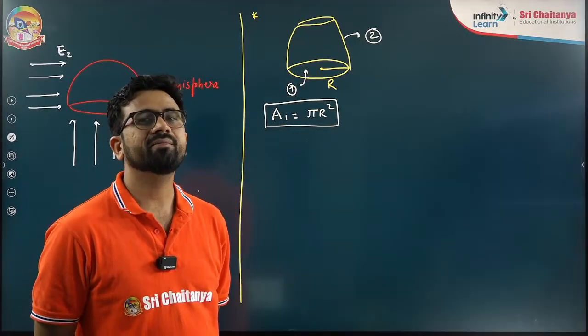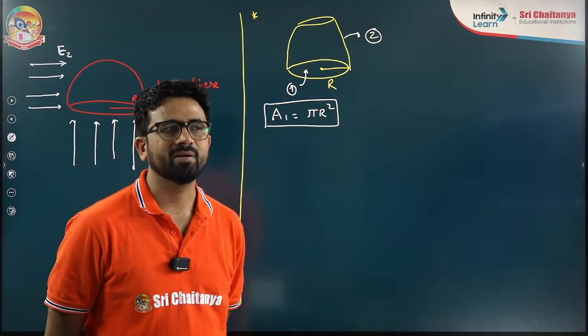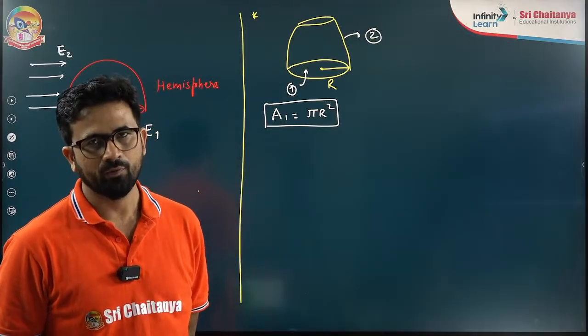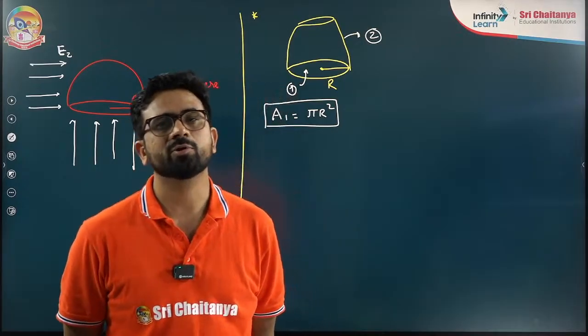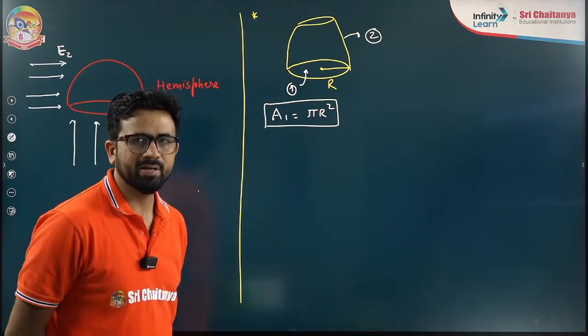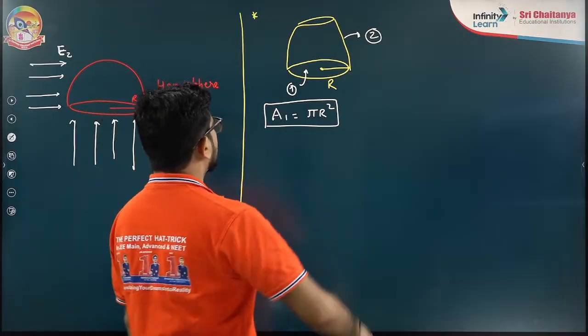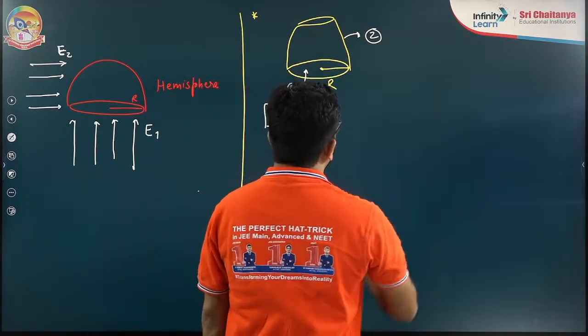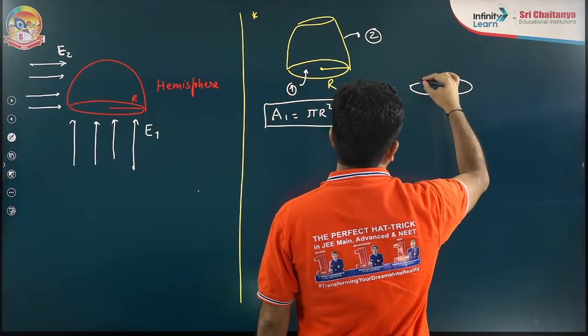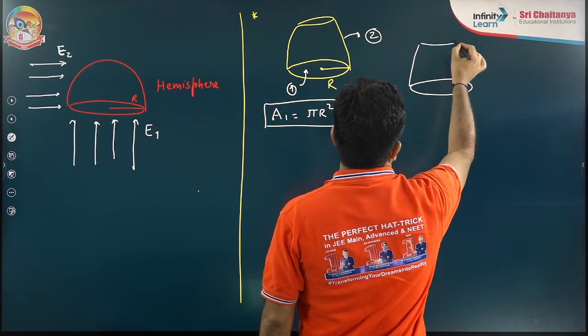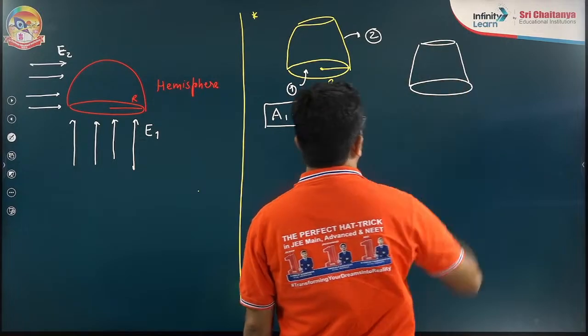So we are not interested in the exact area; we are interested in the projected area. What is the meaning of projected area? Please understand it. I am drawing the same diagram again, please focus. Suppose this is the shape like this.